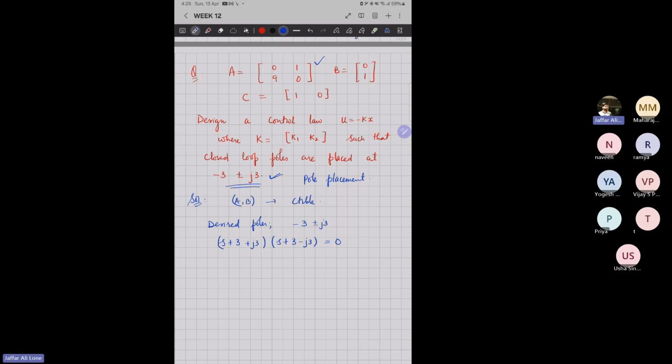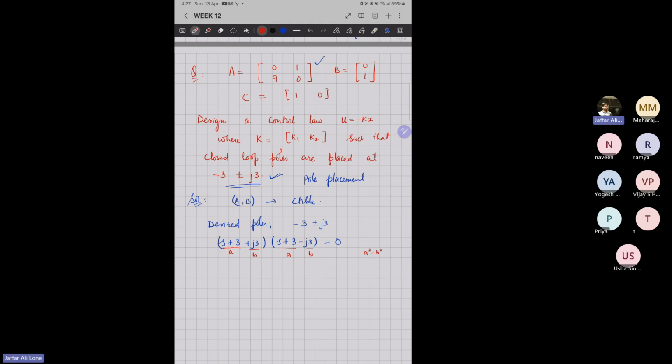Okay, so after this, let's solve it. How to solve it? See, this is very easy. You can take this as (a + b)(a - b), and my formula is a square minus b square.